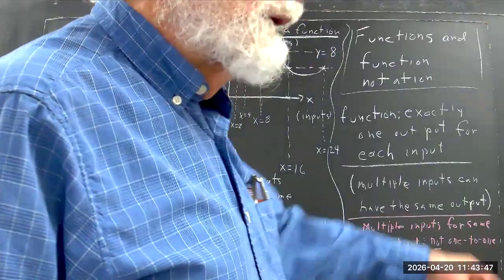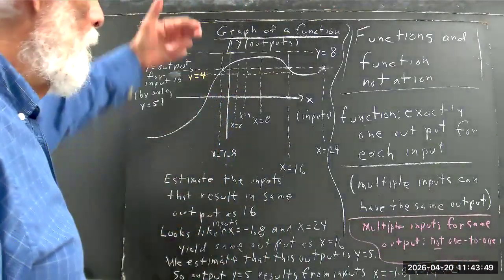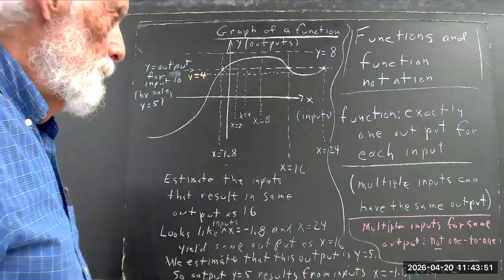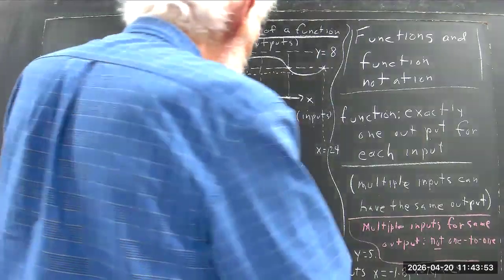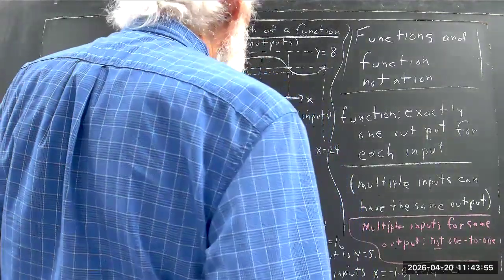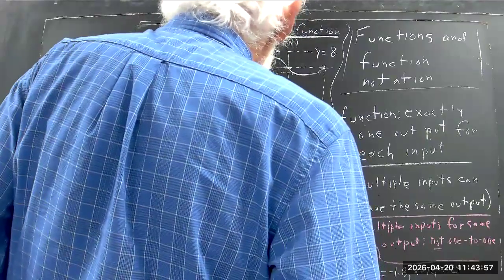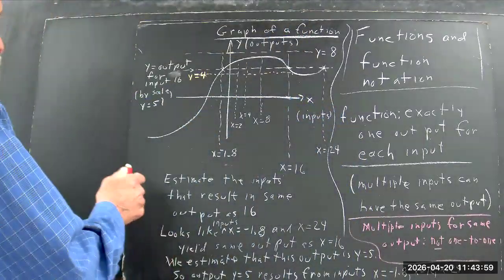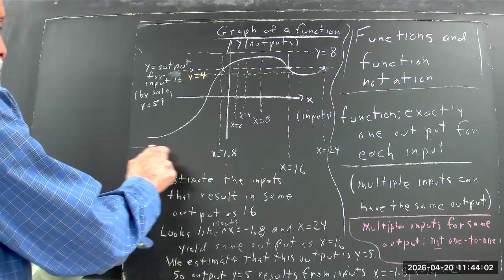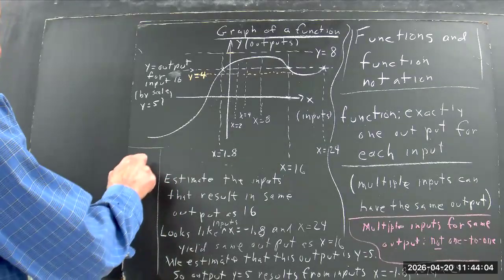What do we mean by one-to-one? That means exactly one y value for every x value. I'll just sketch a one-to-one function in a little bit of room I have here. Did you get the idea?